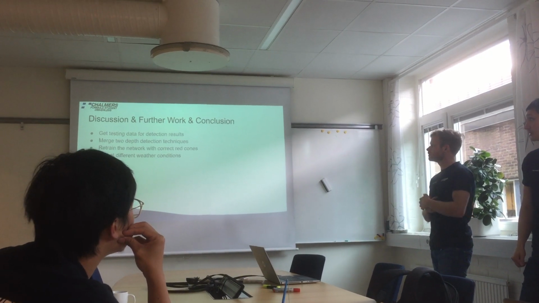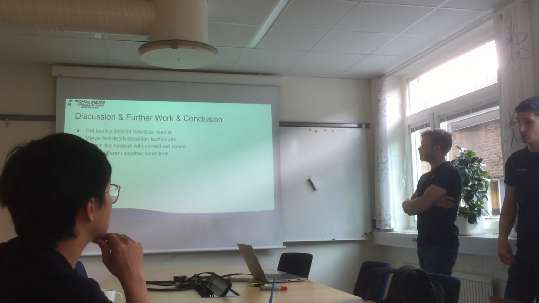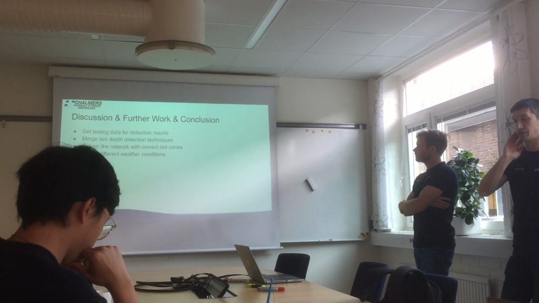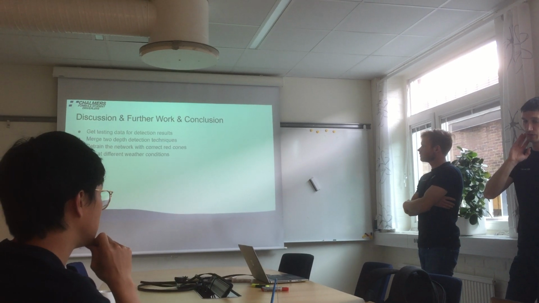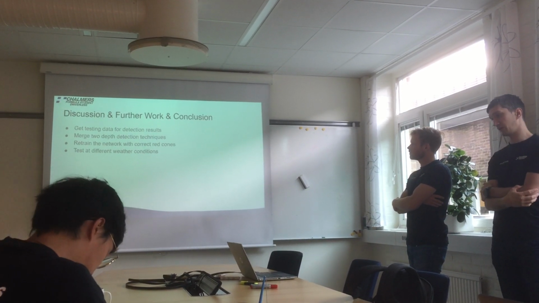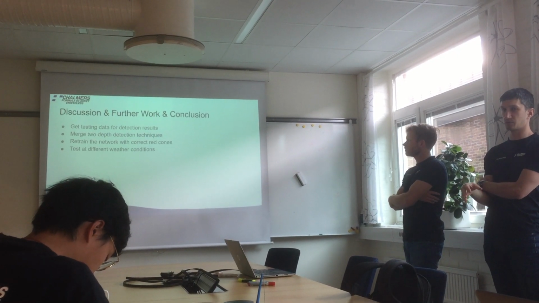Then we actually need to retrain the network with correct red cones, because we have 4 classes in our network while we trained only for 3. We have big red cones and small red cones.